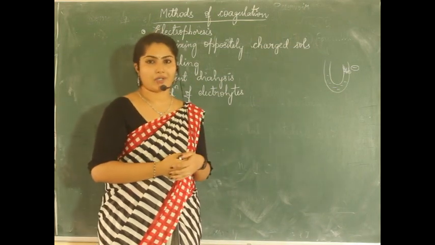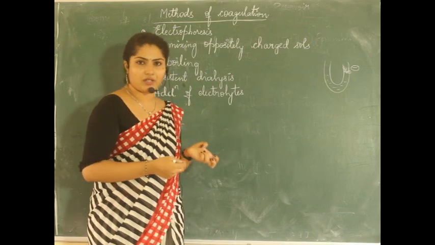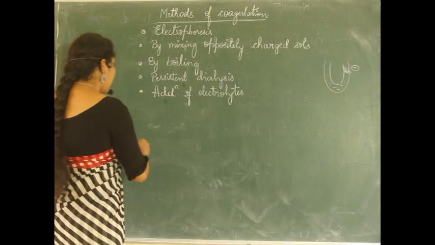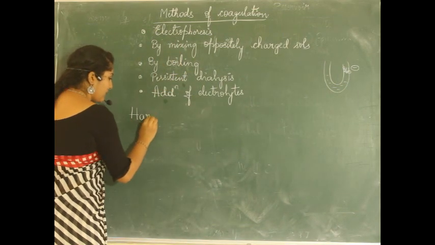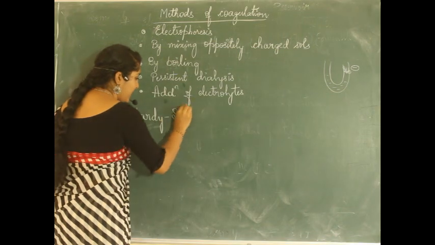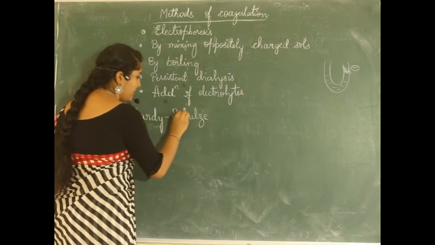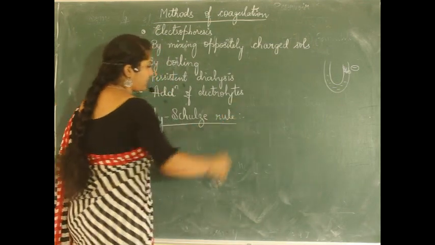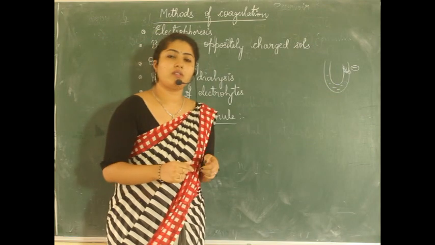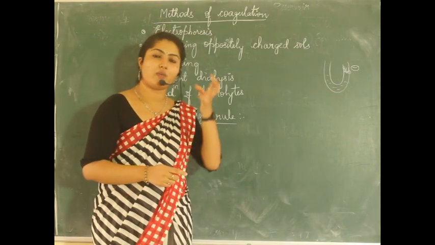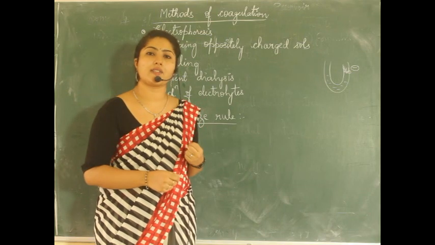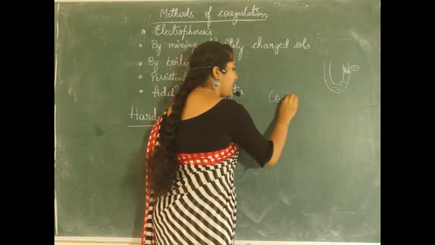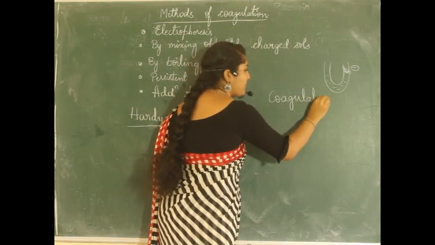Now since we are studying coagulation, here comes a very, very important rule called Hardy-Schulze rule. The ion or any species which causes coagulation is called coagulating ion, or you can also call it flocculating ion.